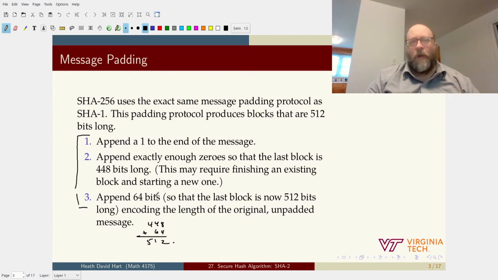And so putting a few zeros onto the end of a message might make it easy to create a collision unless you are altering the first block by actually encoding the length of the message into the message itself. And so that's what this step is for. There is a security reason for wanting to encode the length of the message into the message itself. It avoids collision by appending zeros to the end of a message.